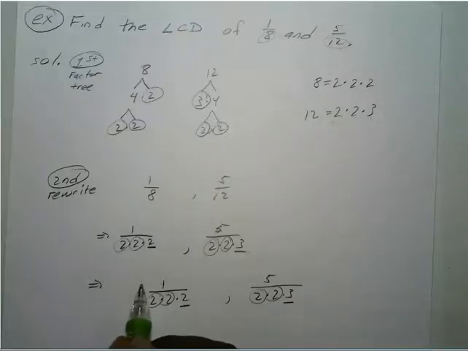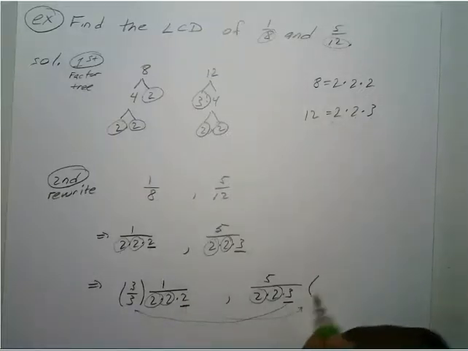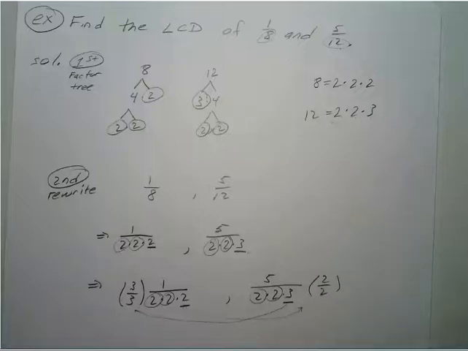You can write it in parentheses if you like. And since you don't have a third 2 on this side, you multiply this one by 2 over 2 to match.